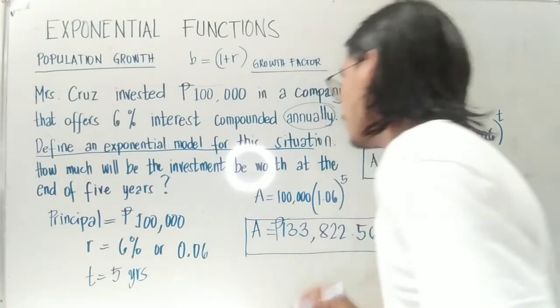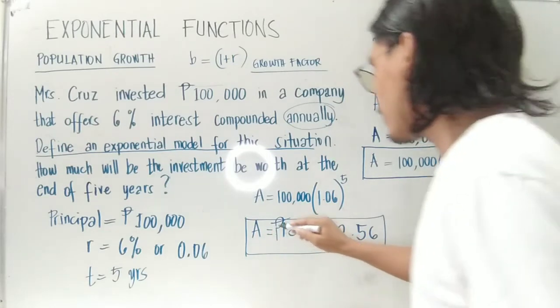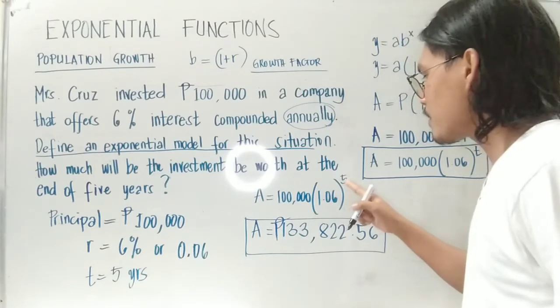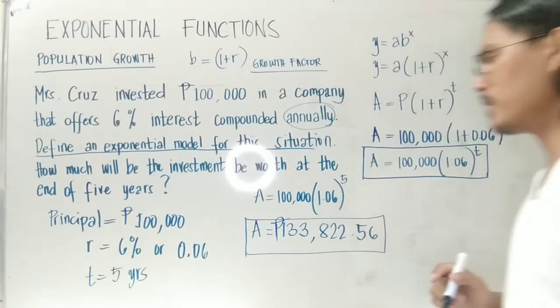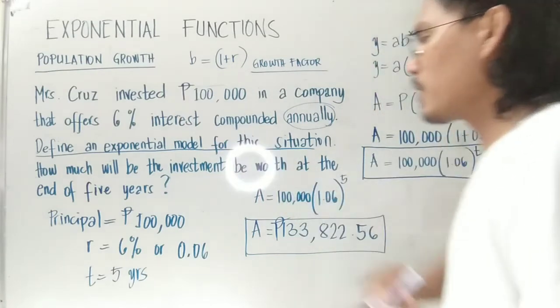Let's add the peso sign. If you want to solve for the money after 10 years, just substitute 10 for your exponent. So very easy. That is one example or application of an exponential function for an increasing trend, or shall we say population growth.